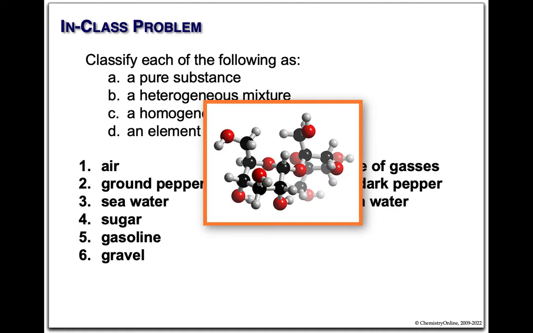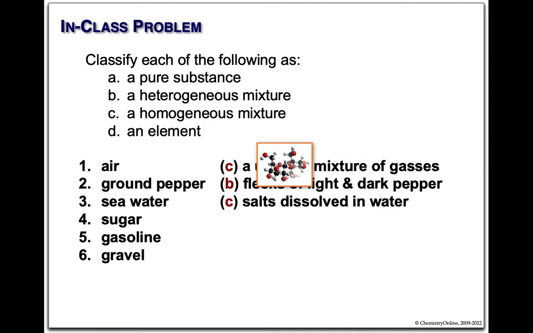This is oxygen, the whites are hydrogen, blacks are carbon. This is a compound. Every molecule of sucrose looks just like this, just like that. It is a pure substance. Being a pure substance, it's a compound.